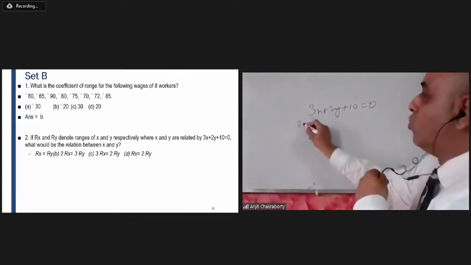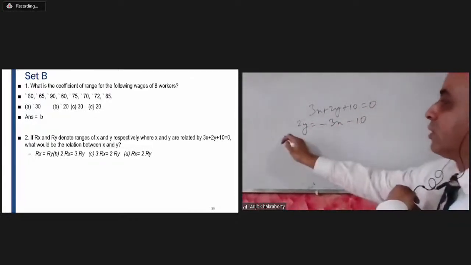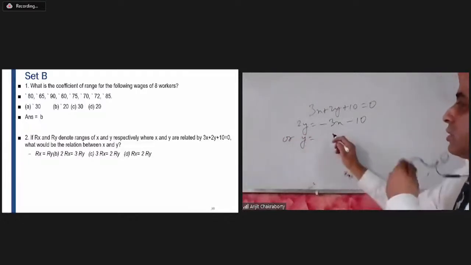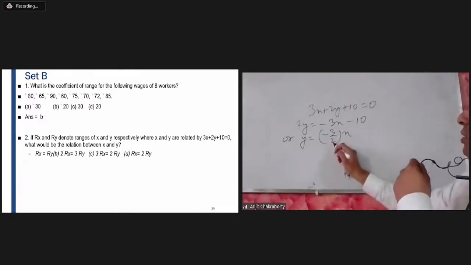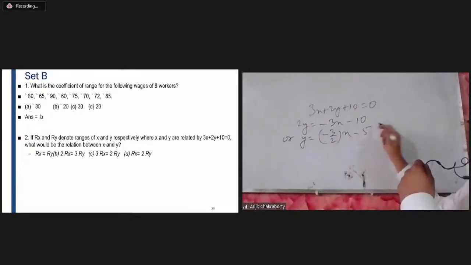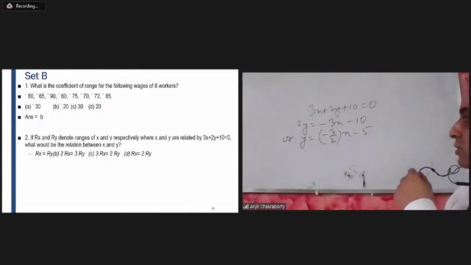We can write 2y is equal to minus 3x minus 10, or y can be written as minus 3 by 2 x minus 5, because 10 by 2 becomes 5. So it is now of the form y equal to a plus bx.